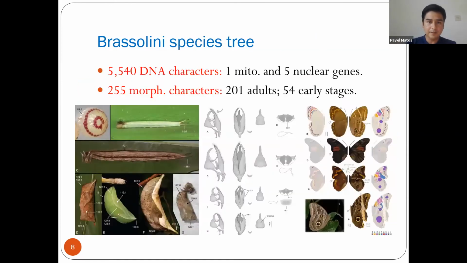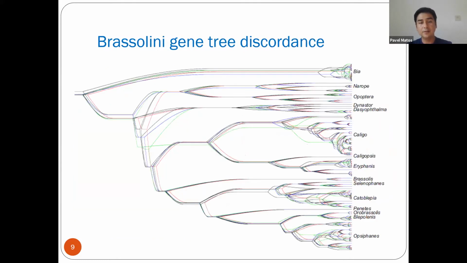For this group of butterflies, we use a total evidence approach, meaning that we combine in the same analysis DNA data and morphological characters. With that information, we estimate the species tree with a multi-species coalescent. And why do we use that?